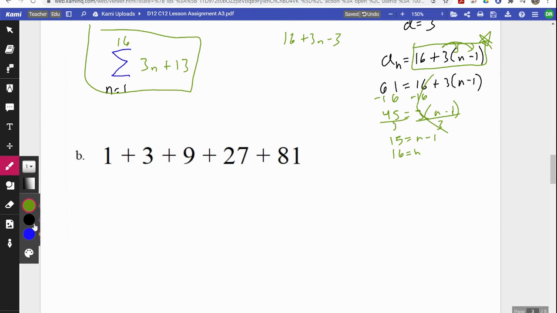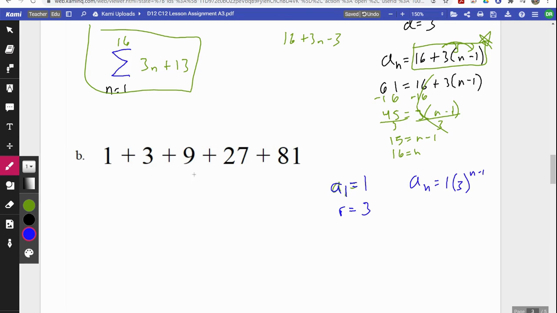Same situation here. We should figure out just what the formula is. Looks like it's geometric. Your first term is 1. Your next term, or r value then, looks like it's just being multiplied by 3 each time. So a sub n is 1 times 3 to the n minus 1 power.